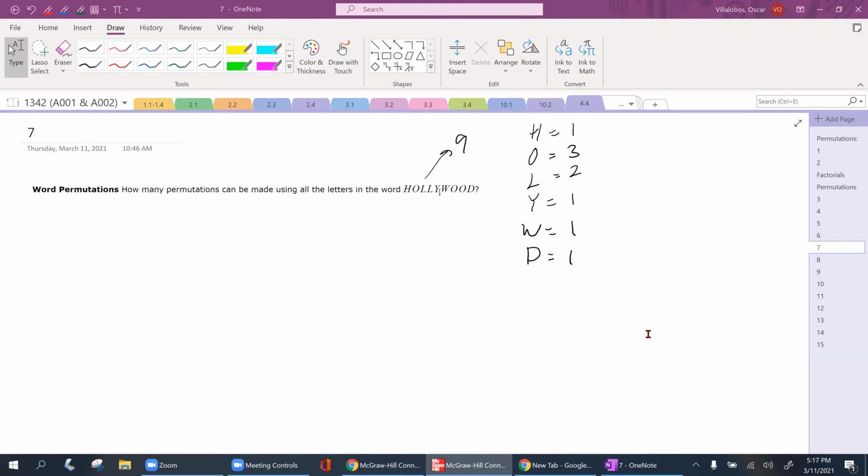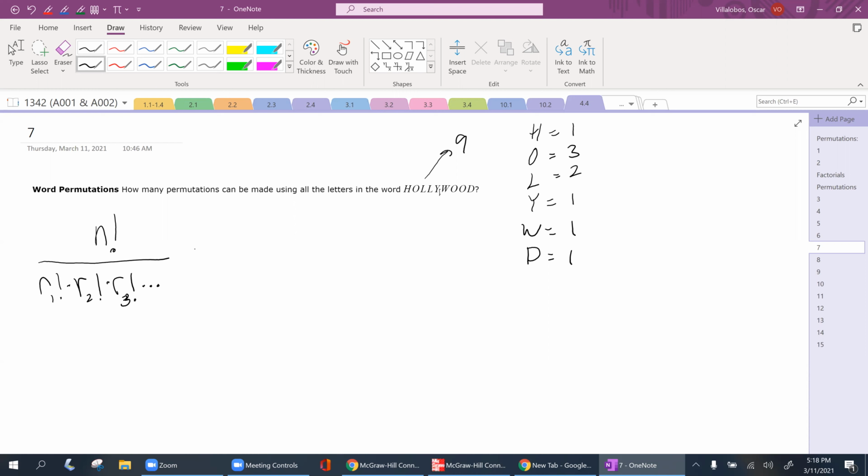It's going to be an extension of the permutation rule, where you have your total amount on top, and these R's are going to change depending on the different values that you had, and it goes on until the end.